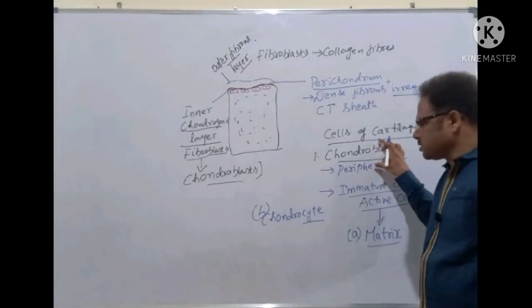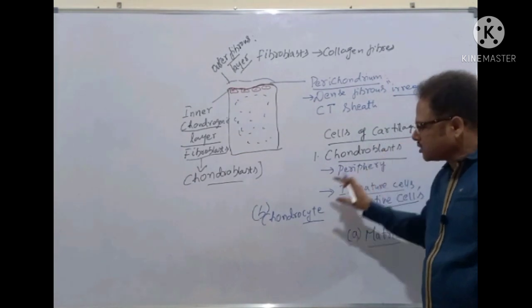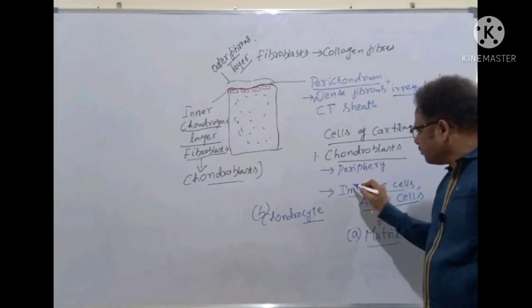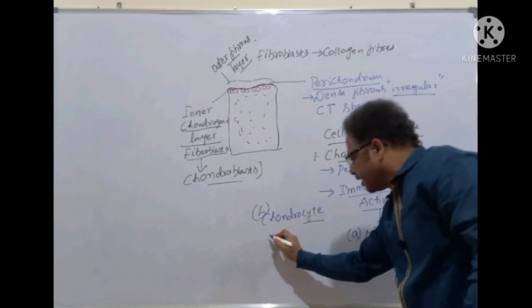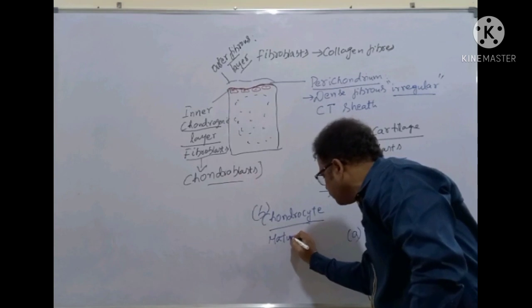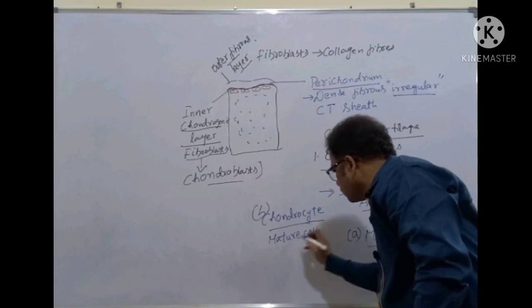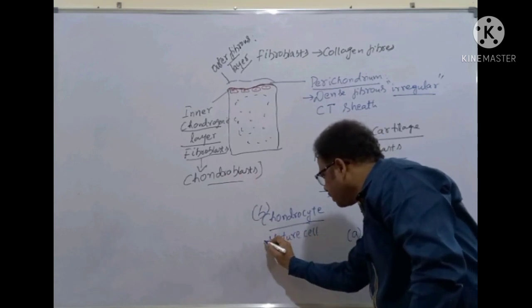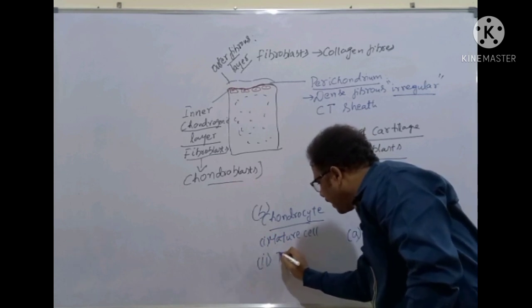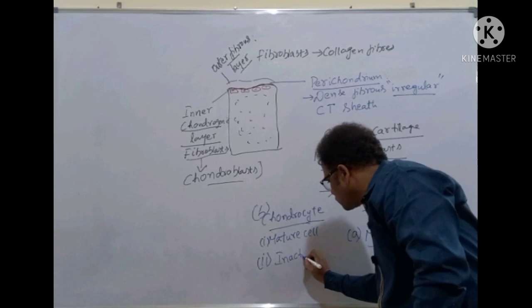Chondroblast is an immature cell, whereas chondrocyte is a mature cell. That is the first point. And the second point is that these are inactive cells.